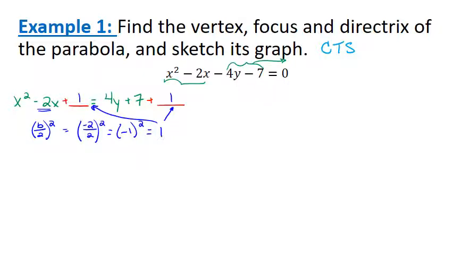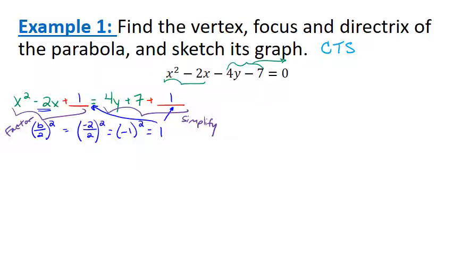Once I have done this, I want to factor this side and then simplify this side. If I have completed the square correctly, I'll end up with a quantity times itself.